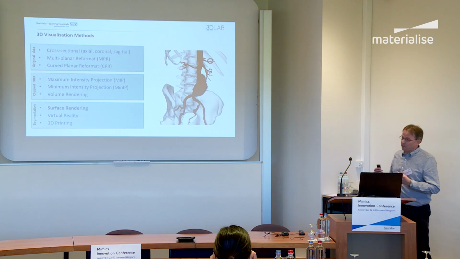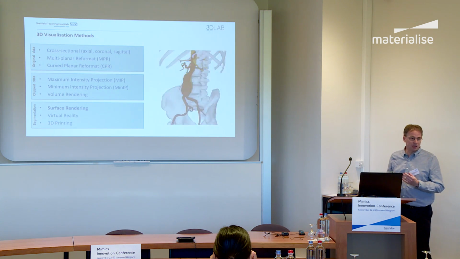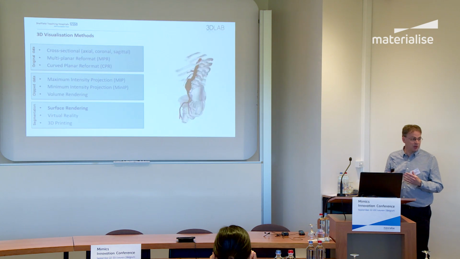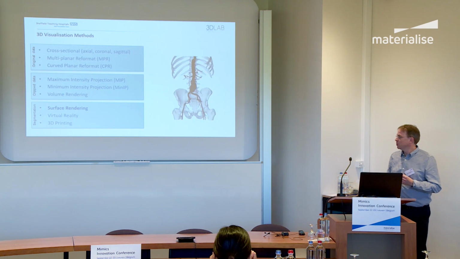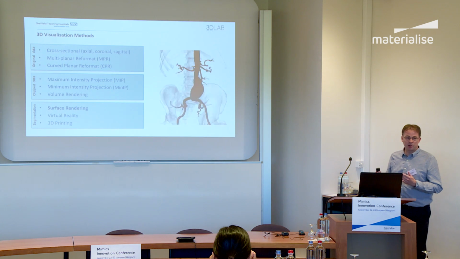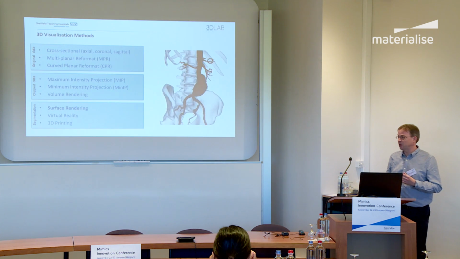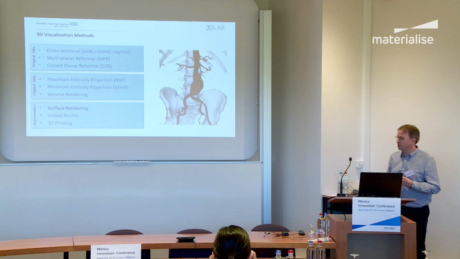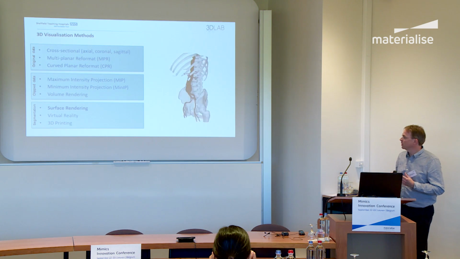So from the training courses yesterday, you obviously realised that this takes a considerable amount of time to do the segmentation. But we feel that the advantages that this type of image give us far outweigh the time penalty of actually producing it in our 3D lab.